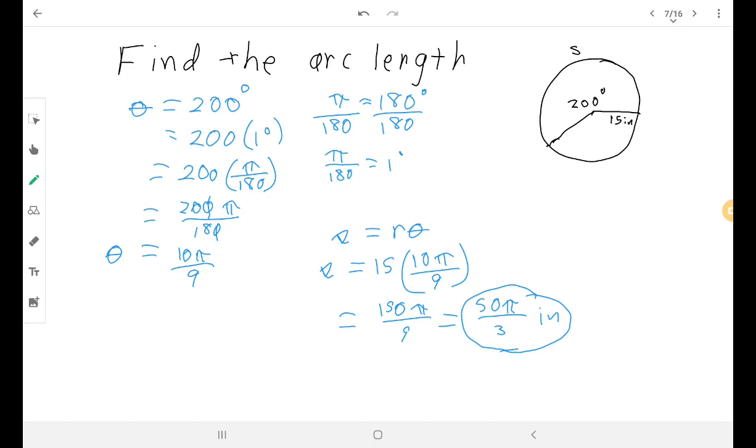And again, you could put it into a calculator if I asked you to, but I'm going to leave it that way. I'll pause for a second, let you look at that. And let's go on to the next problem.